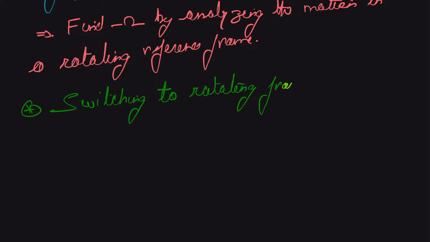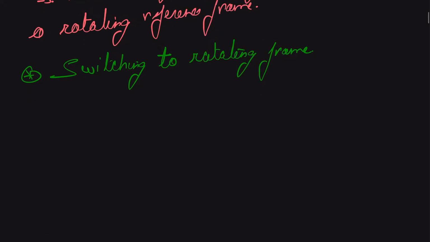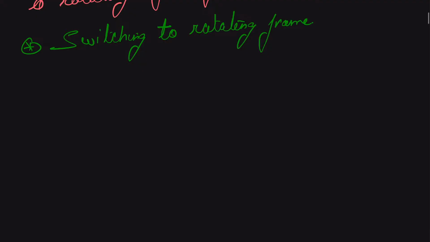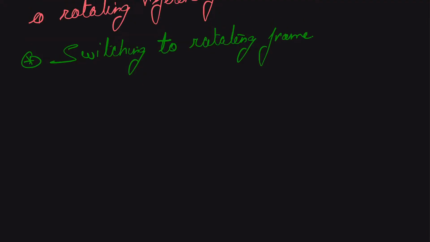In this case we consider that we have a frame that is rotating with the angular speed of omega, and its direction is in the z unit vector.